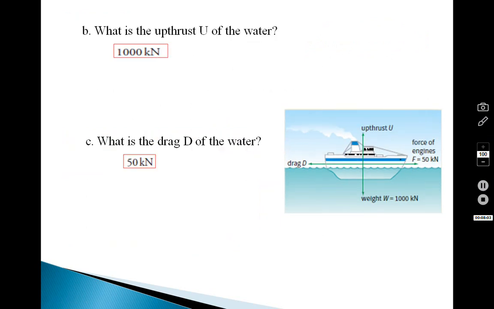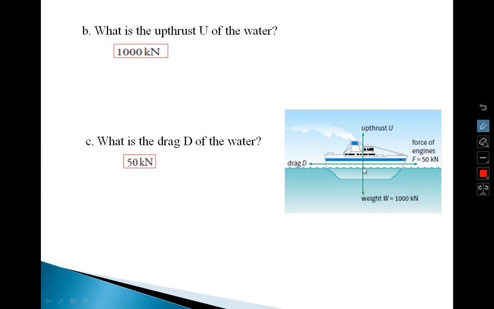Section B: what is the upthrust U of the water, or the force U of the water? As we said, because this is under constant velocity, all 4 forces here add up to 0.